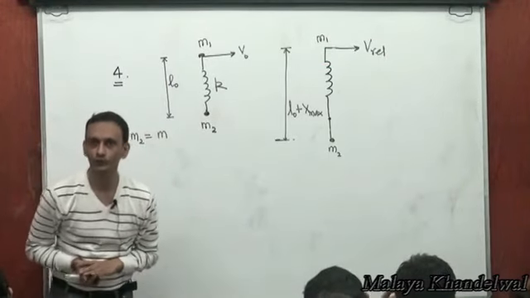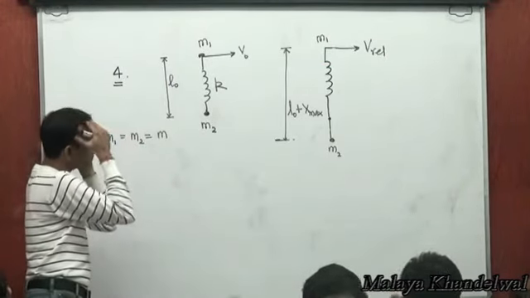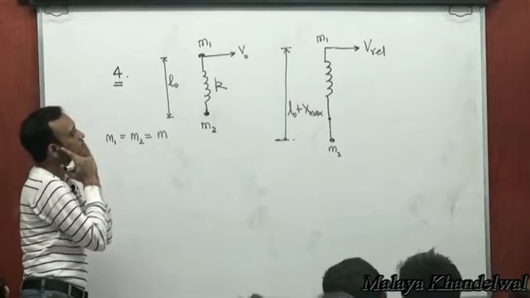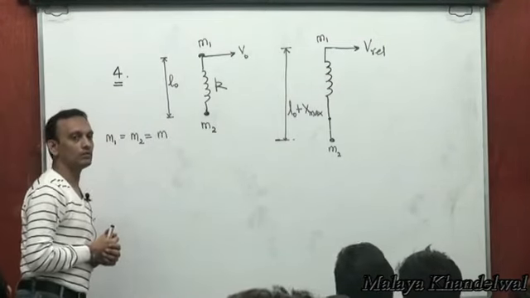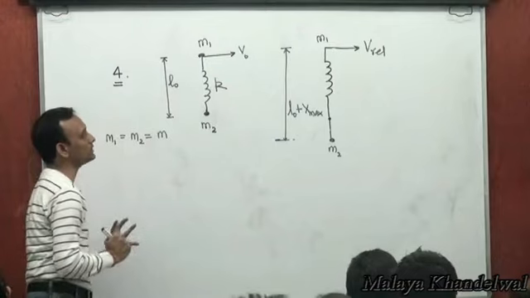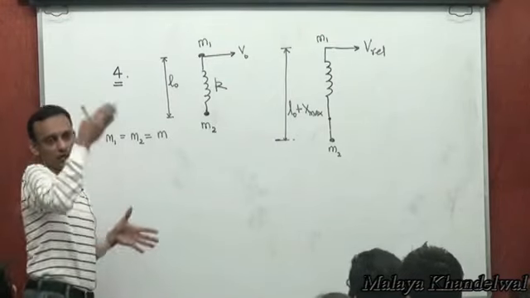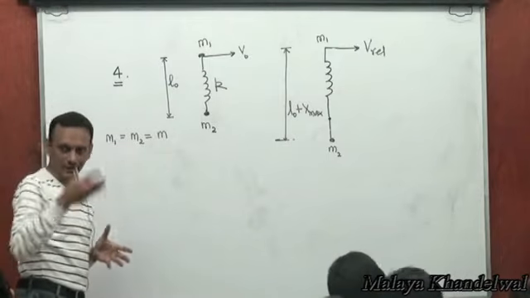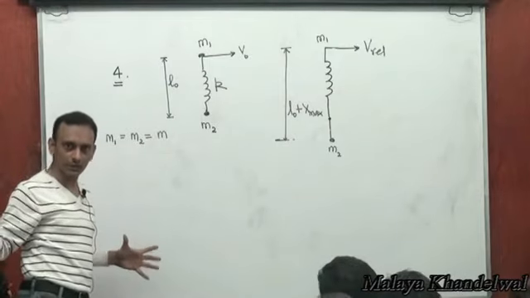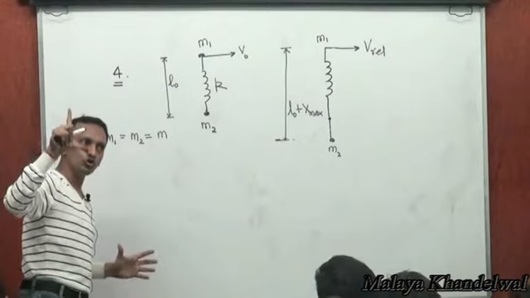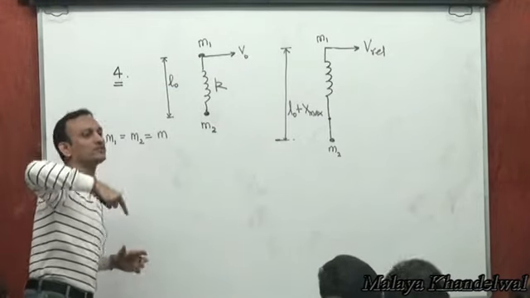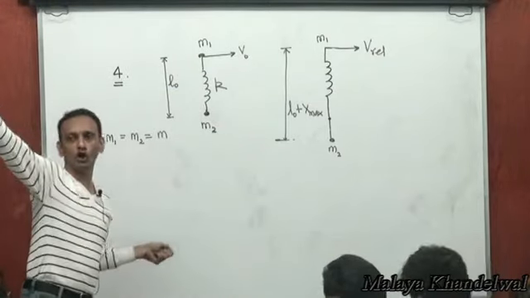Yes or no? Which means essentially the relative velocity would have become perpendicular to the length of the spring. The spring will not elongate any further because the relative velocity will have no component along the length of the spring to cause it to elongate further.